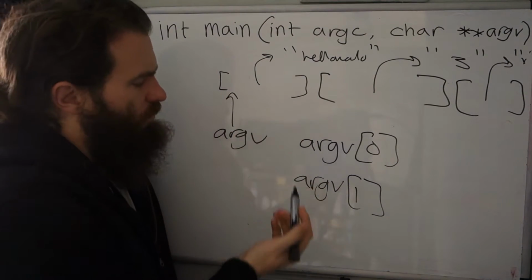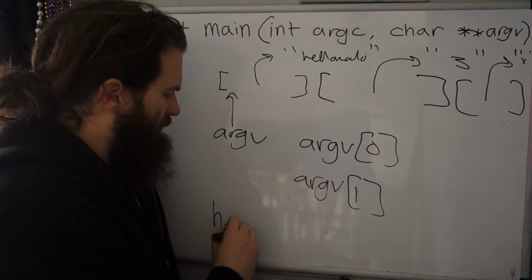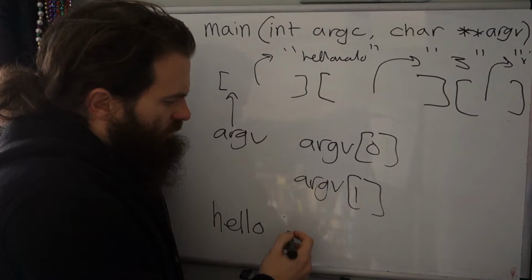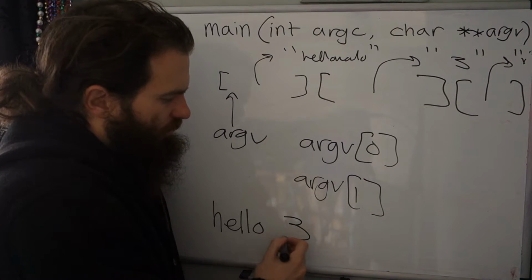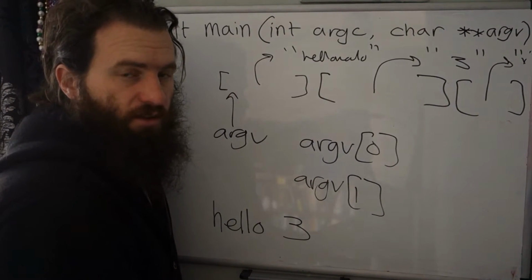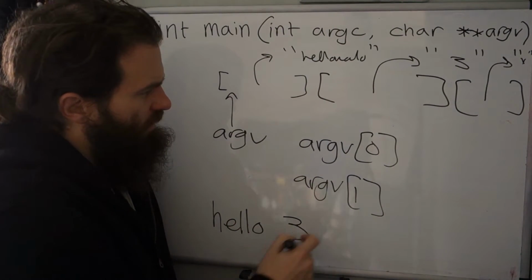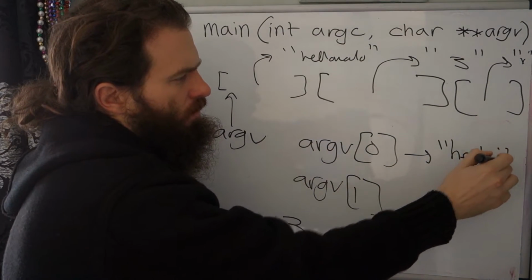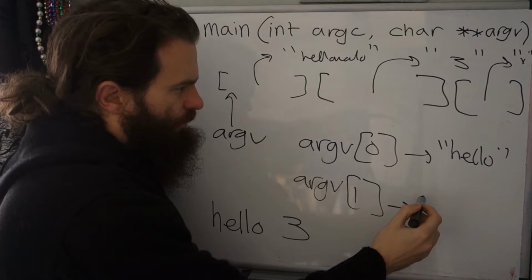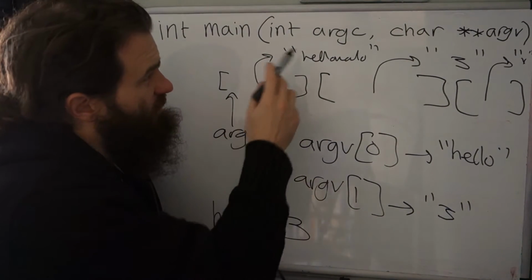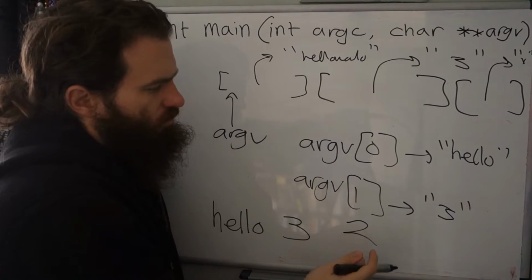If our program was called hello and we invoked it with the string 3, it's just a character string, right? Although it is a number, it's just a character string when we type it on the command line. Then argv0 would be the string hello, and argv1 would be the string 3. And argc, the count, would be 2.